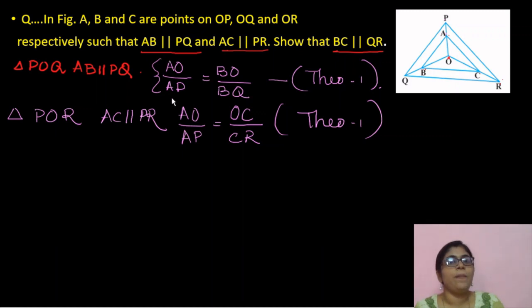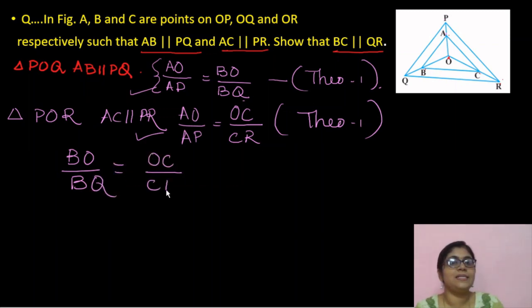So AO by AP equals BO by BQ, and here AO by AP equals OC by CR. So from these two equations we get BO by BQ is equal to OC by CR.